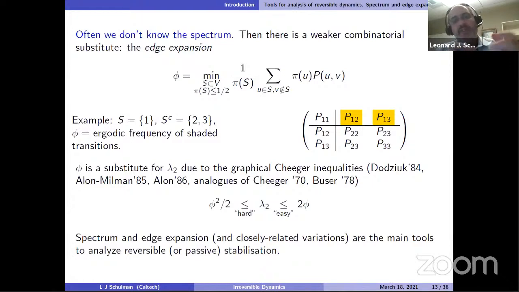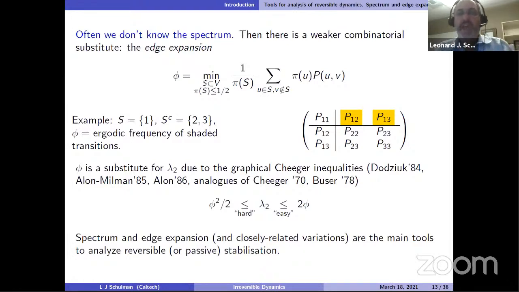And that roughly says this: you take the least bottleneck of the system. So you take your system. Here I've drawn a Markov chain on just 3 states. I partition my states into 2 subsets: the vertex 1 versus the vertices 2 and 3, and I look at how much conditional probability mass sits in the upper right hand corner of this block decomposition.